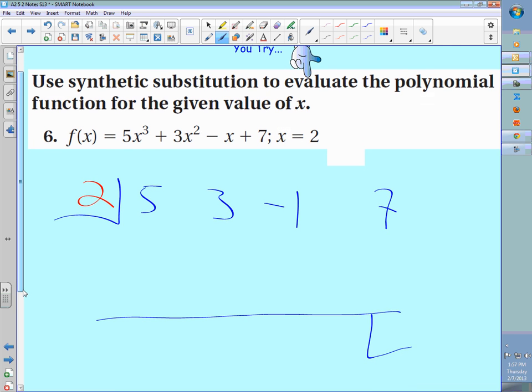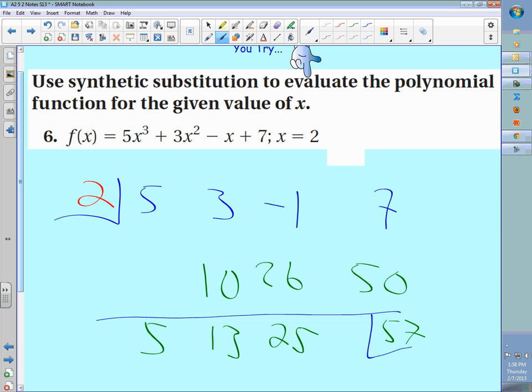Okay, in for x, we're putting a 2. 5 down, what comes here? 10. 13. Careful on that one. And then 50. There you go. So that means f of 2 is 57.